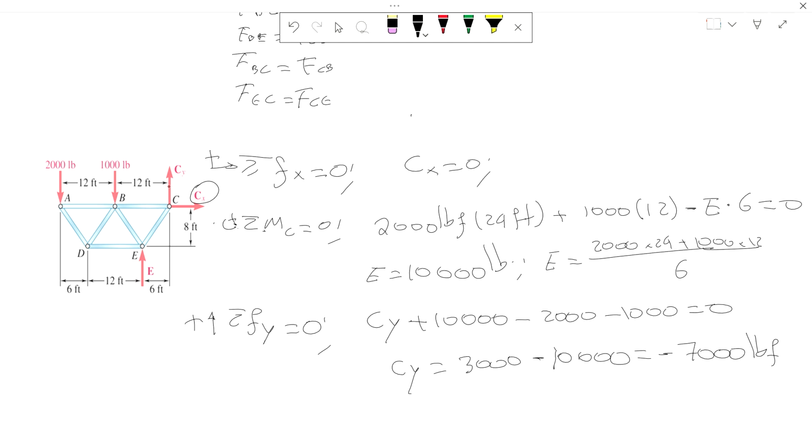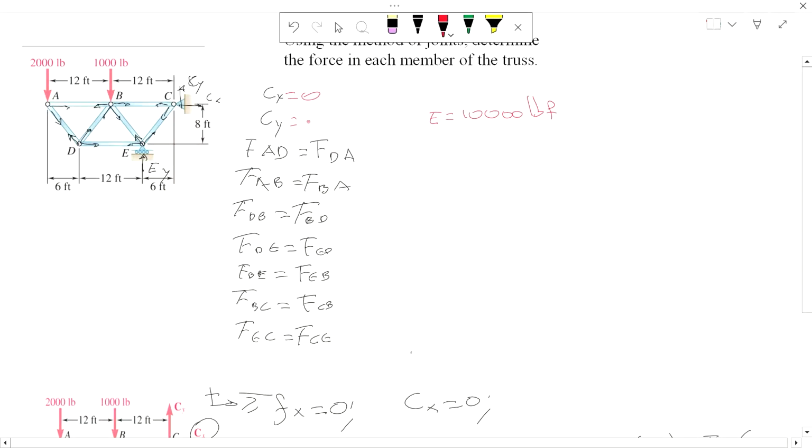So this force is actually in compression, or is pointing down. Cy. All right, so we have negative 7,000 pound force.